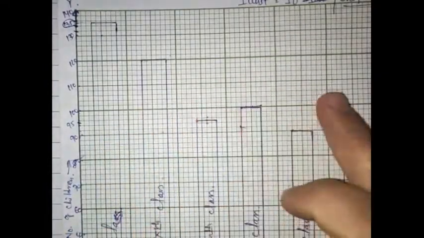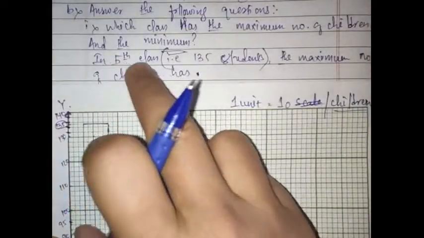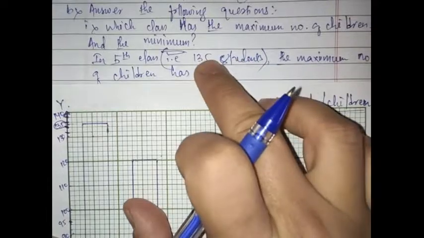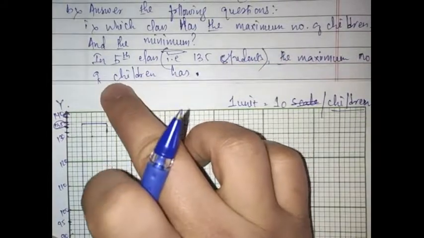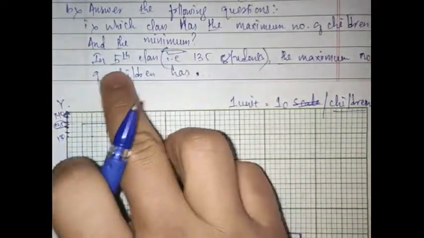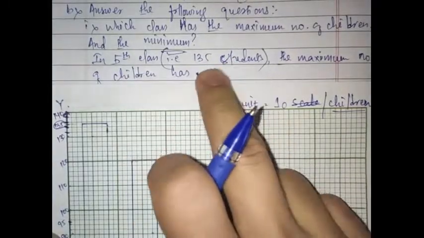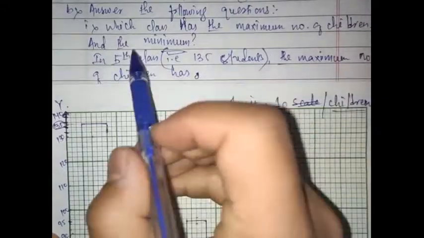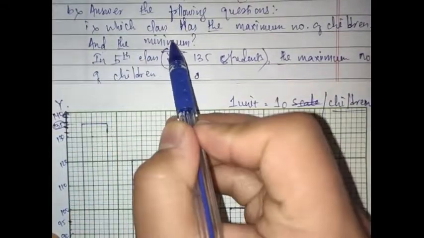So with this we can conclude that the number of children was 135, so the maximum number was possessed by the 5th class. So we can write the 5th class, that is 135 students, has the maximum number of children.